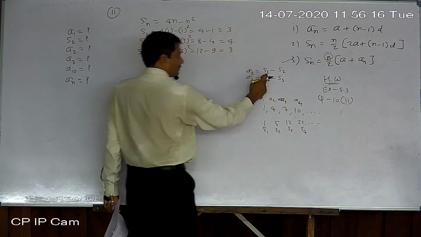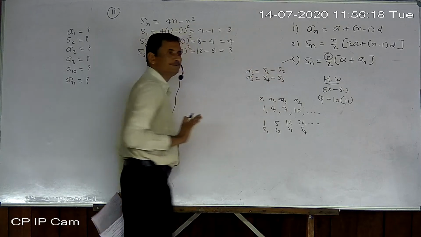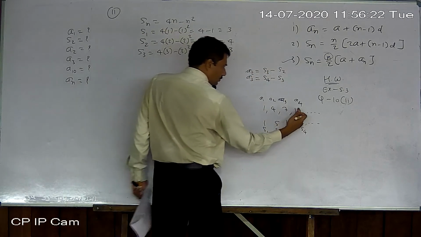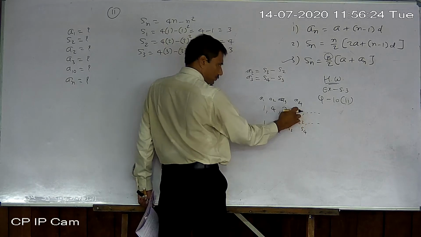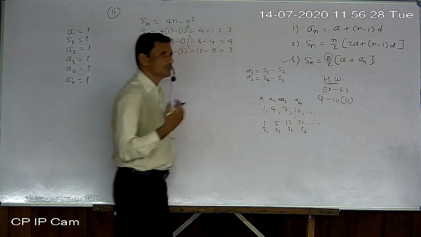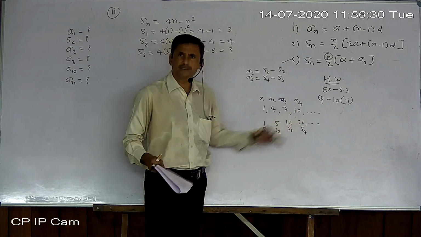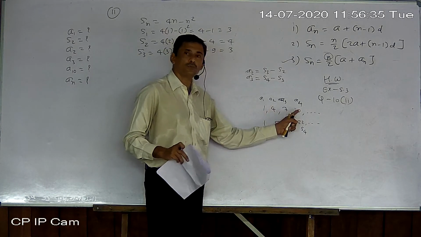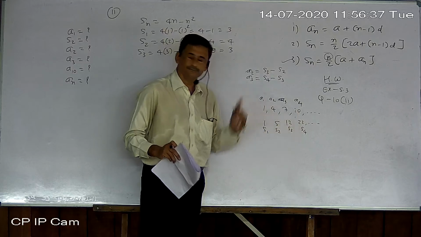Okay, one more. Obviously you can understand it. If you make the total up to 4 terms, and if you subtract the first 3 terms, then obviously what will be left? The last term only. Again, the total of all 4 terms is 22.